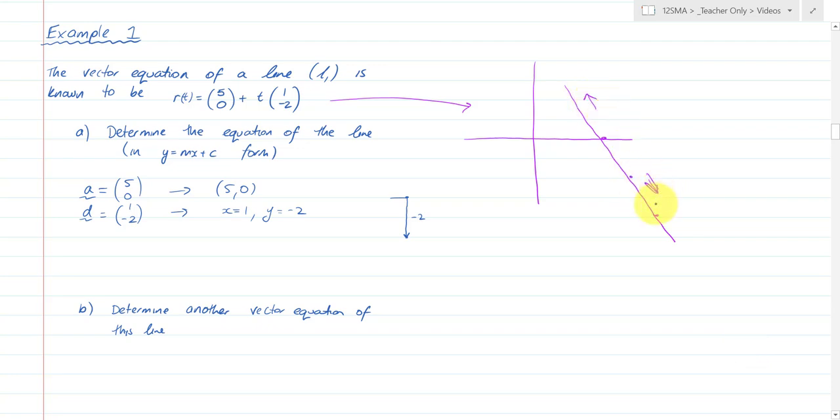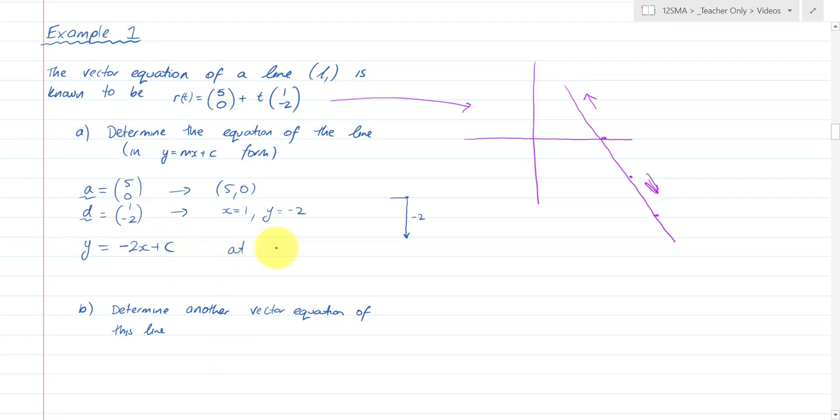So in the form y equals mx plus c, it's important to note here that we already know the m, we just don't know the c. But that's pretty easy to determine. The m comes from d, and the m is the y component of d divided by the x component of d, which is the -2 divided by the 1 in this case. So it's a fairly simple case. So we get y equals -2x plus c.